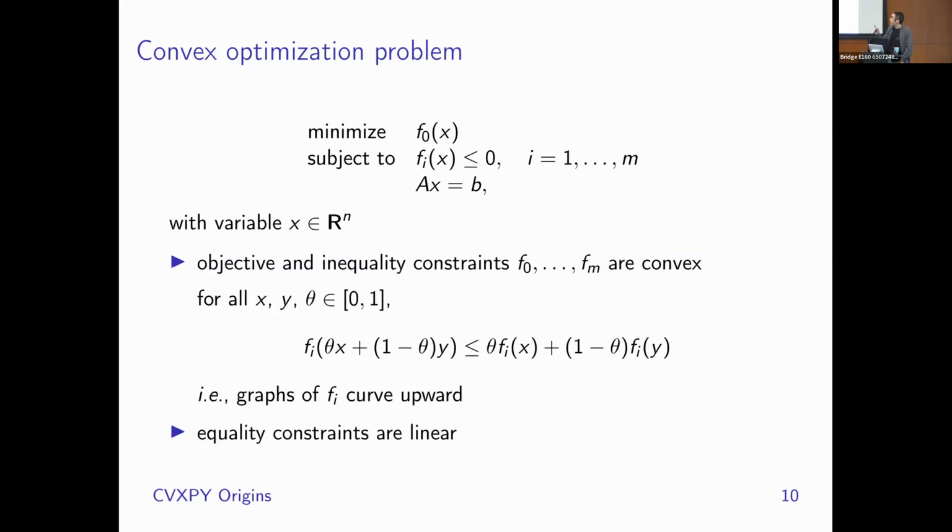I'll start, maybe more for the audience online, with what a convex optimization problem is. This is a generic standard form that you can imagine where you're minimizing some convex function f0 of x, and then you have inequality constraints where these fi's are convex, and then you have linear equality constraints.